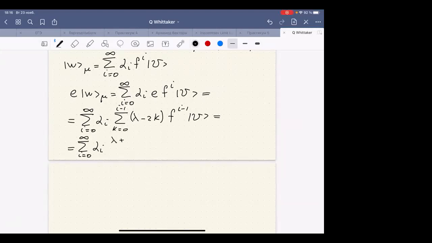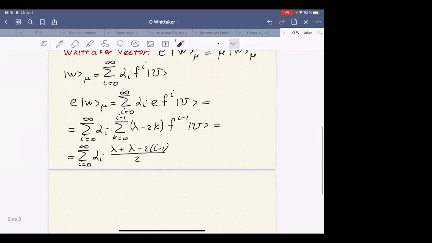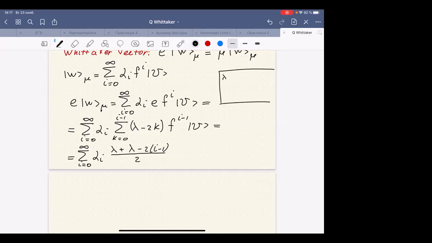Lambda plus lambda minus 2 plus lambda minus 4, up to lambda minus 2 times I minus 1.